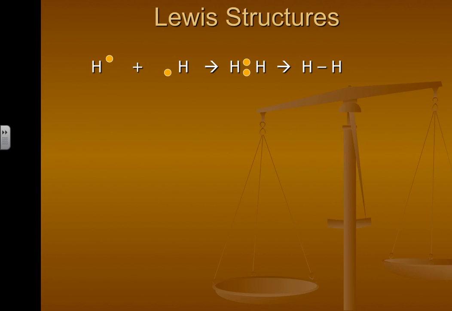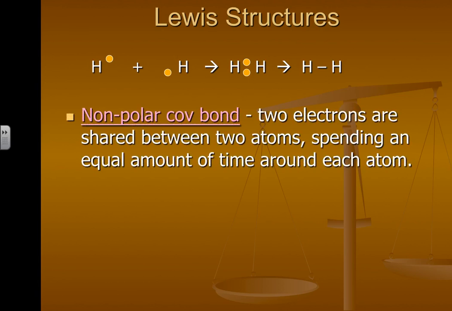And this is all stuff that should be familiar to you, that a dash means a bond, and a bond is two electrons. So what we have here is a nonpolar covalent bond because the two electrons are shared equally between two atoms, and they are hence, as it says, spending an equal amount of time around each atom. So if you go back to the original picture that we were talking about, it's the one that has that equal electron density around all of them, a very balanced look.